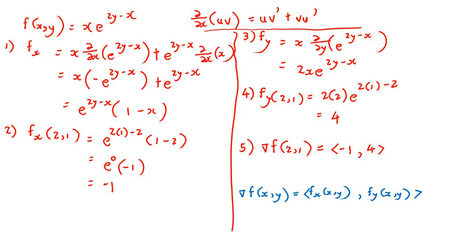With x is 2, y is 1, this is already evaluated: negative 1i, and fy(2, 1) is 4, so 4j. The gradient vector tells you the direction where the function increases the most, and the value is given by the magnitude of the gradient vector. The direction in which the function decreases the most is the negative of the gradient vector, and the value of the most rapid decrease is the negative of the magnitude of the gradient vector.